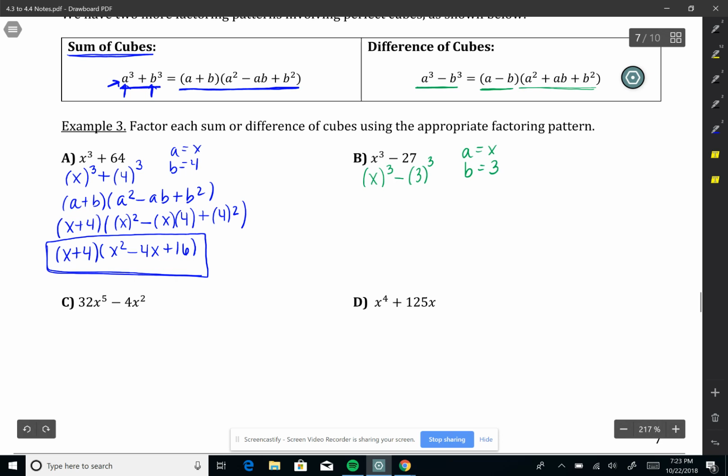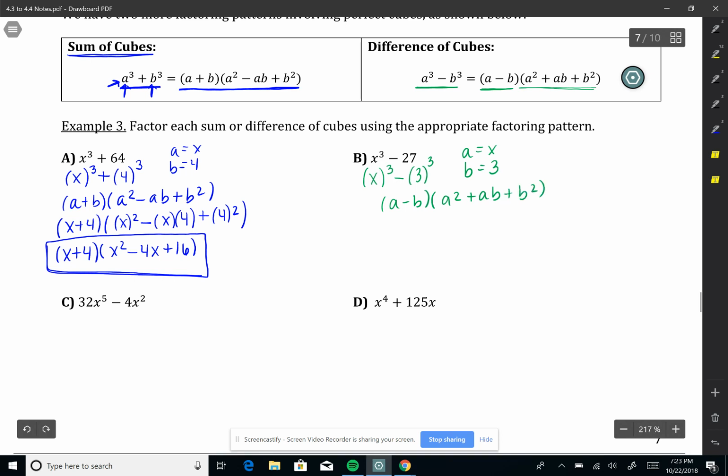So those are what we are going to use in our difference of cubes pattern. So let me just write that difference of cubes up here and fill in what are appropriate values. So it's a minus b, and then it's a squared plus a times b plus b squared.